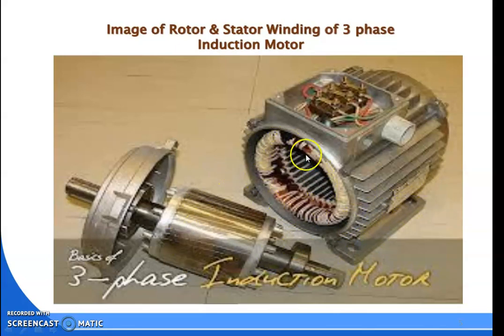This whole is the stator winding, or we can say the field winding, and this setup is the armature winding, and this is the terminal box. The output terminals are connected here so that any external electrical connection can be made using these terminal points.